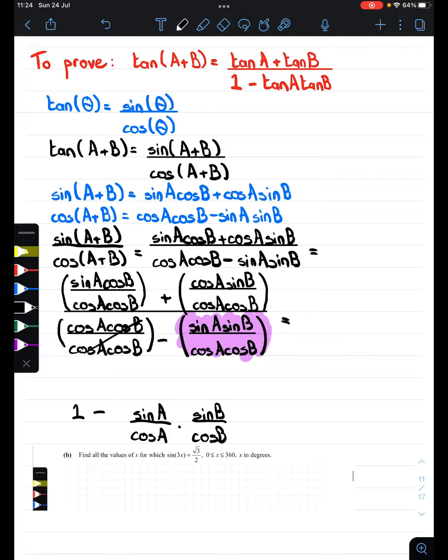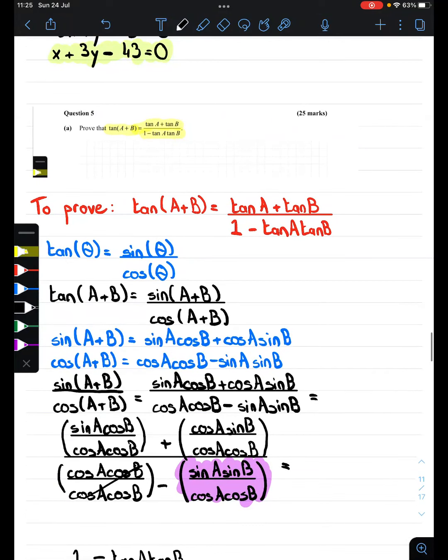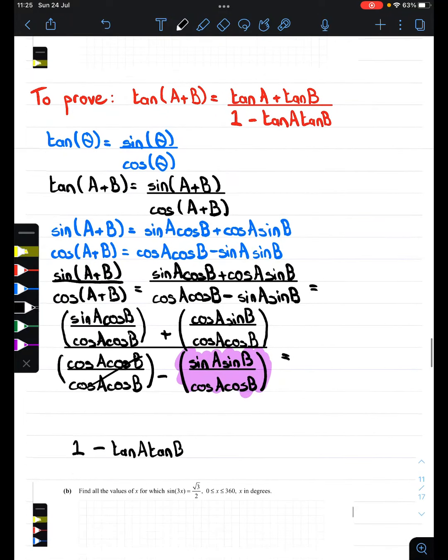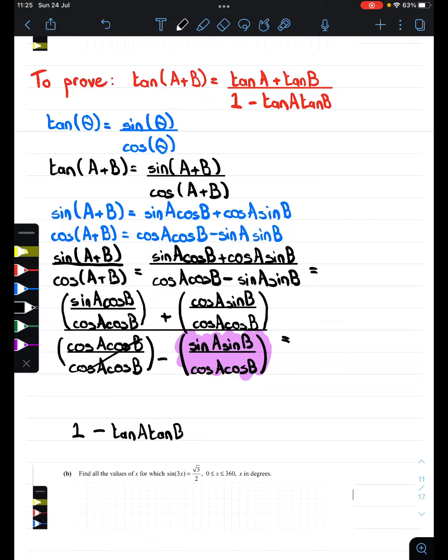We know that sine A over cosine A is just tan A, and sine B over cosine B is just tan B. So we can write this as tan A tan B. Because we know what we're trying to get, that's a pointer. If you didn't know what you wanted, it'd be harder to spot, but it being there helps.